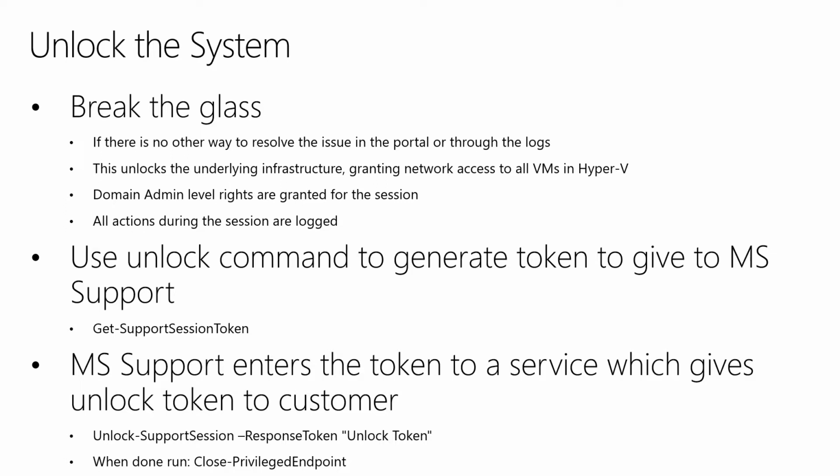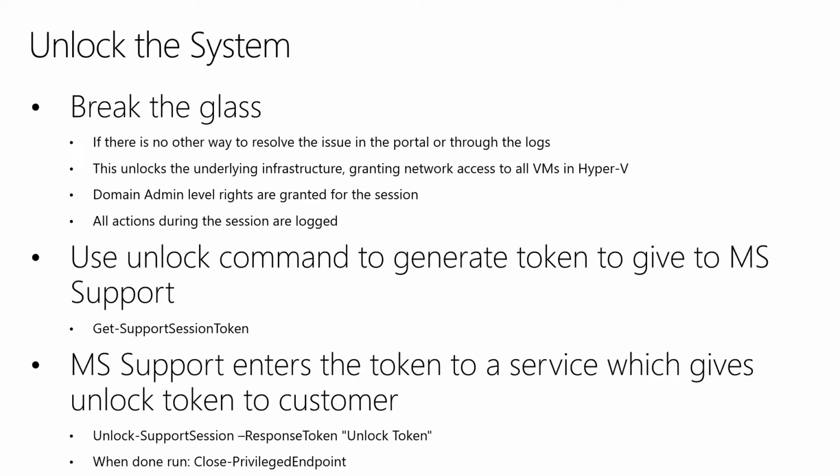So what's necessary to do that? First of all, we need a support case. And within the support case, the support engineer might ask you to give them a support session token. This is done on the privileged endpoint by executing Get-SupportSessionToken, and this will give you a long string.